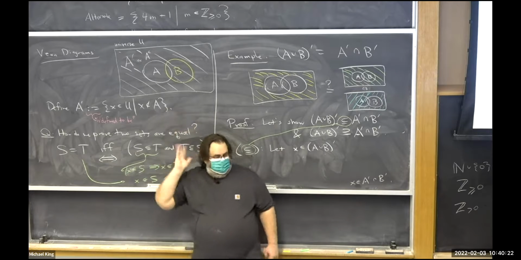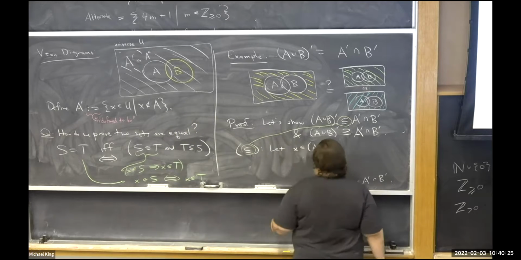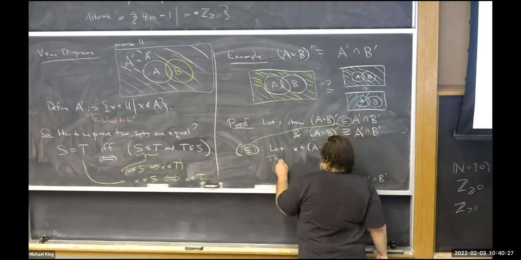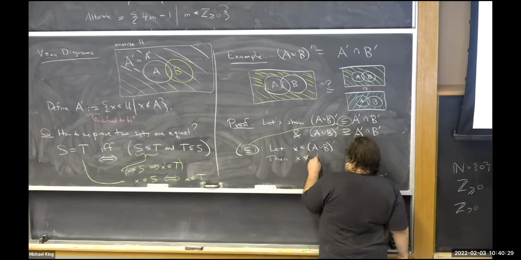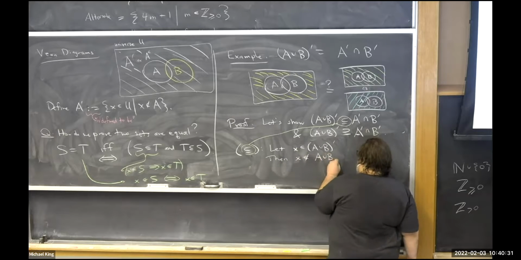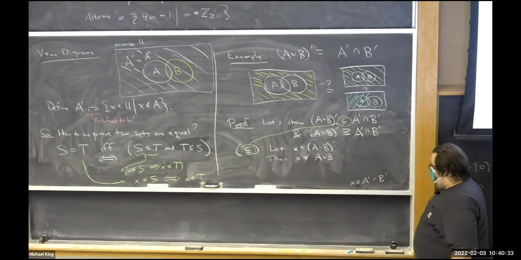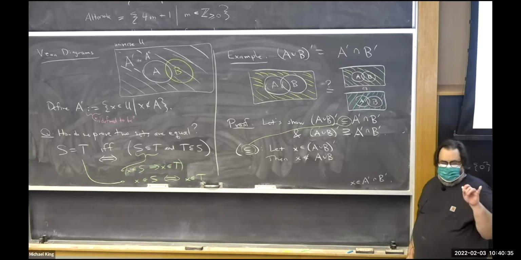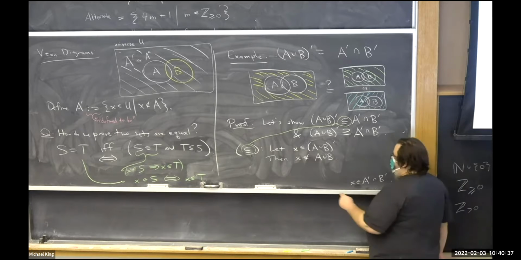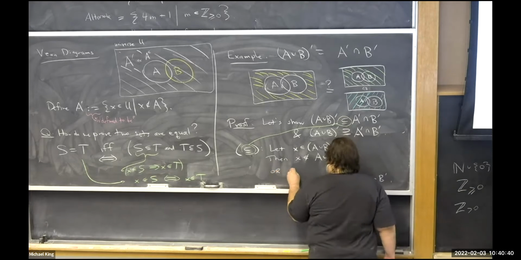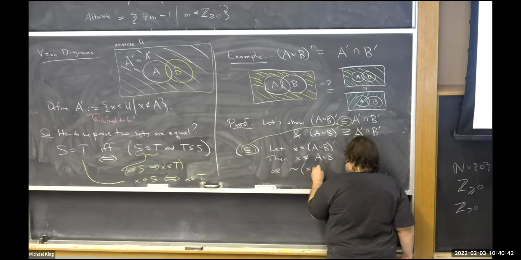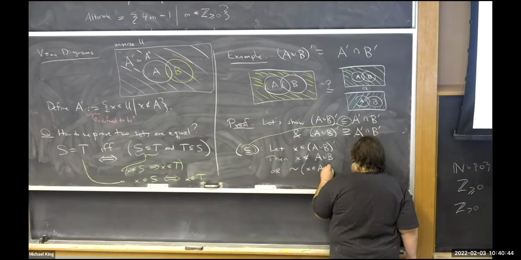The first thing is just to say that means X is not in A union B by definition. And I do think you can sort of think about this as a negation of a logical statement. You can also think of this as the negation of the statement X is in A union B, right?